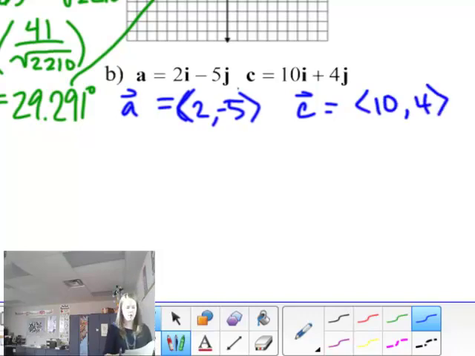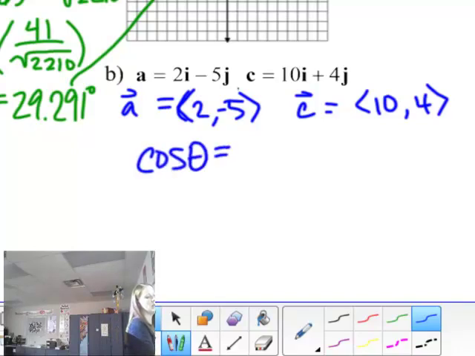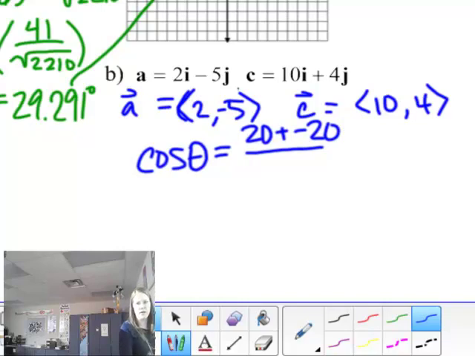Now those two vectors sound awfully familiar from a previous question, and in fact they are. If we do the dot product of these two vectors, we'd start with the cosine of theta equaling the dot product of the two vectors. That's going to give me 20 plus a negative 20 over their two magnitudes, but I don't even really care what their two magnitudes are because that's going to give me 0 on the top.